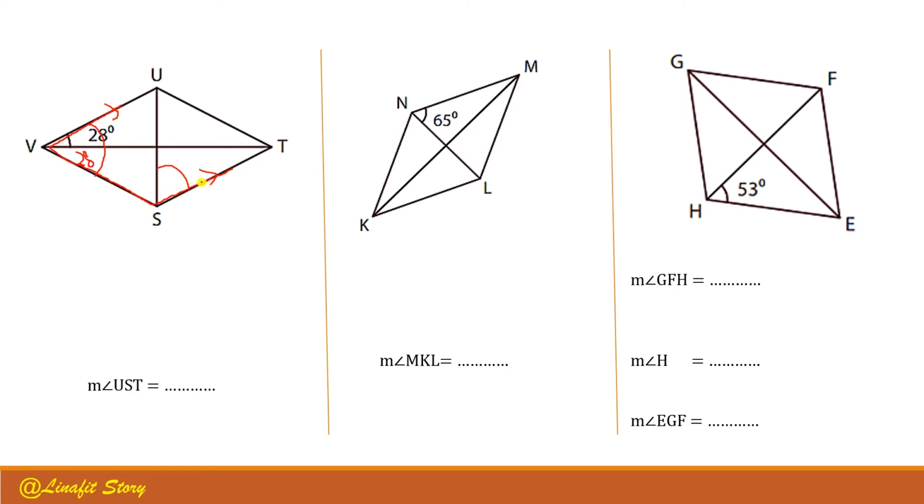So to get BSC, it is equal to 180 minus 28 minus 28, which is equal to 124. And then we only find USC. So 124 divided by 2 is equal to 62 degrees.